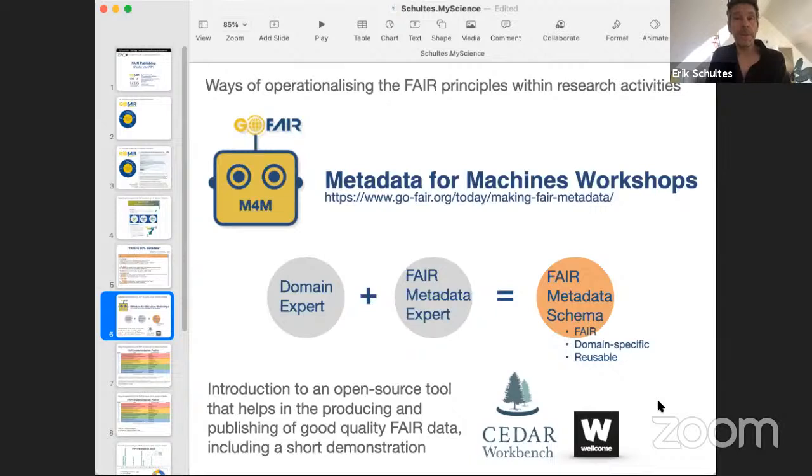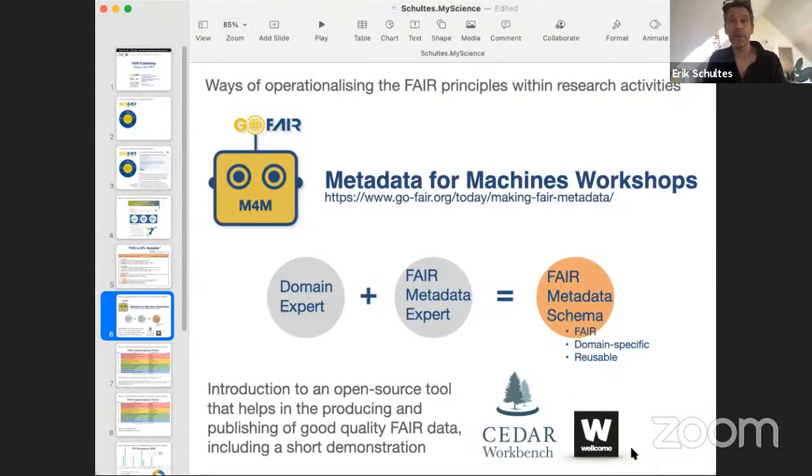And you can begin to create web forms that make it very easy to collect machine actionable metadata. So it's a platform where you can author and compose templates that are exposed as web forms. The users who fill in those web forms are creating machine actionable metadata that can be used to track your data assets.